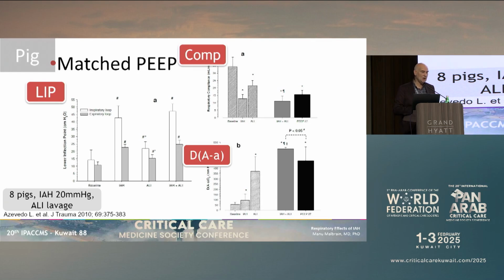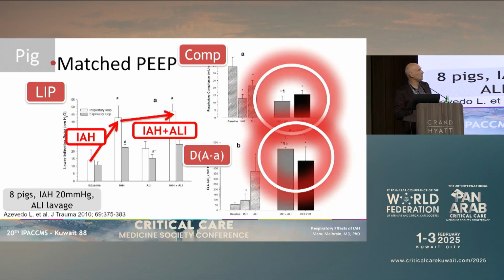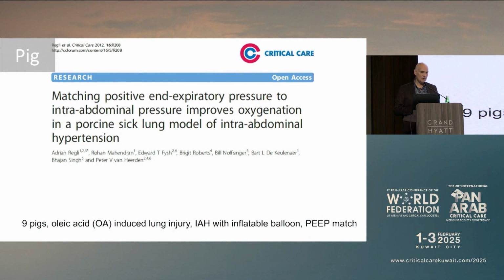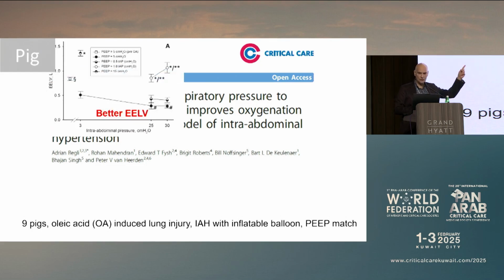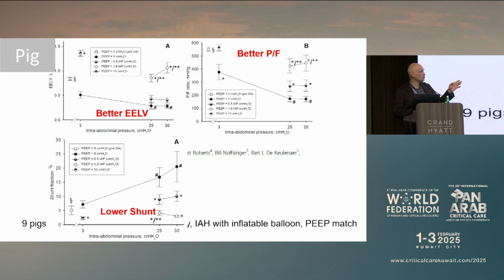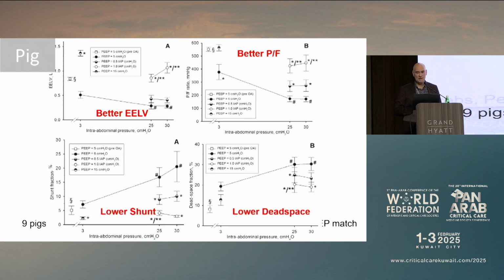And they saw that when you match the PEEP equal to the intra-abdominal pressure, you see that there is an improvement. So with abdominal hypertension, there is an increase in the inflection point, and then setting the PEEP, you can see that compliance gets better and the difference between alveolus and arterial oxygen is also getting better. There was another pig study, equal the PEEP to abdominal pressure, and they resulted on top in better end-expiratory lung volumes, better PF ratio, lower shunt fraction, and lower dead space.